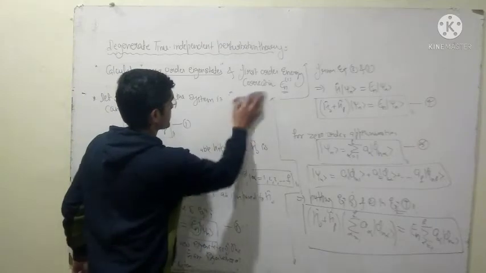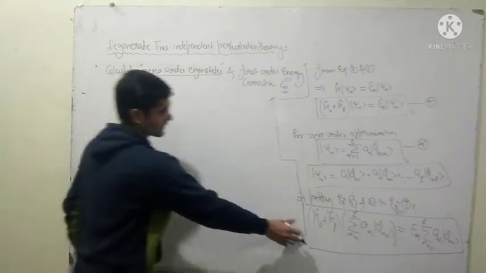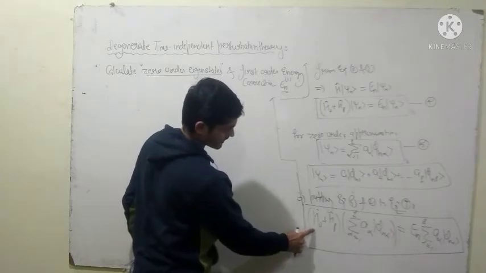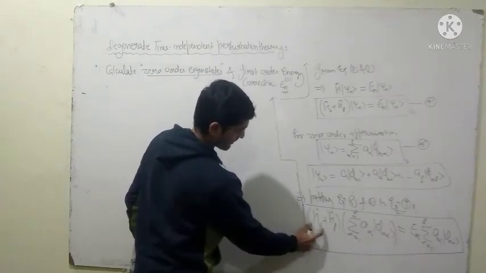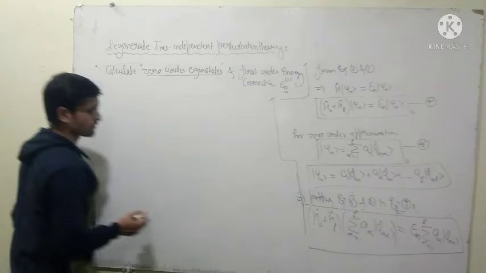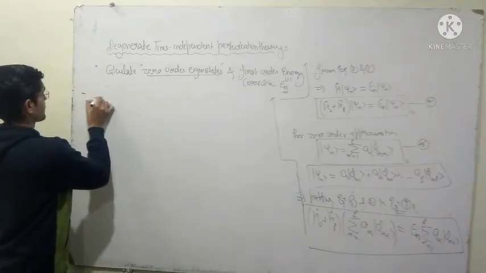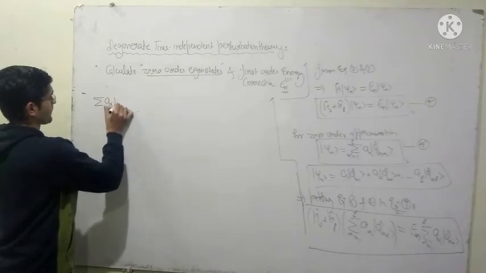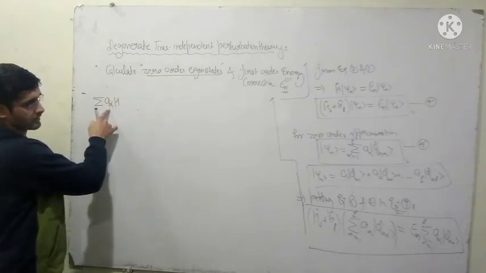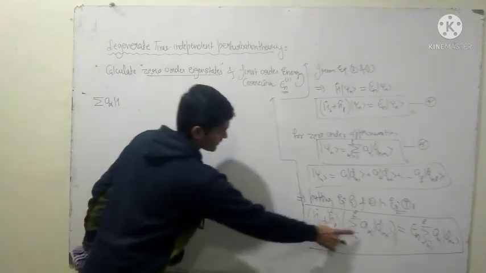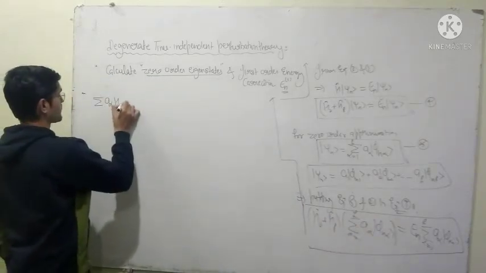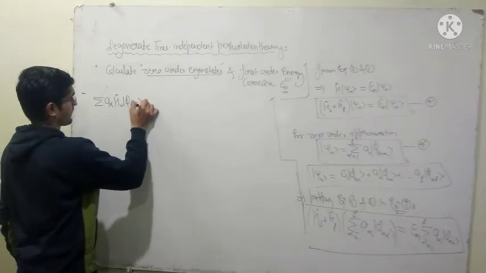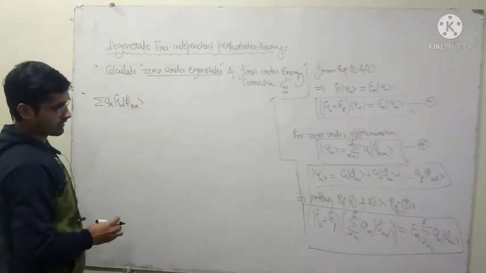So let me just make some space. Now when you solve this equation, just act these operators on this particular state. So it will be the summation of a alpha, because it is just a scalar quantity, so the operator has to act on the state only. So H naught will act on phi n alpha, right?